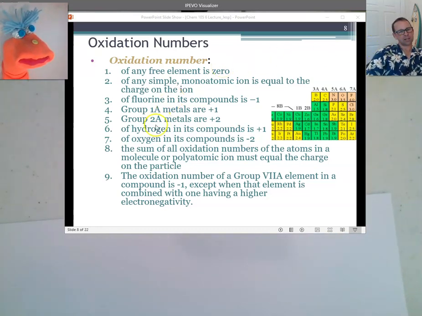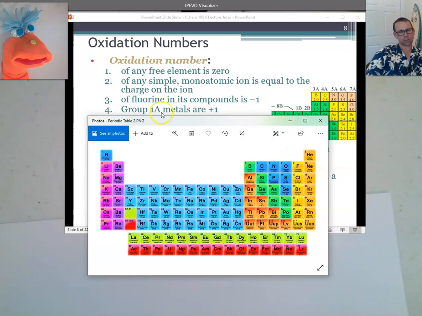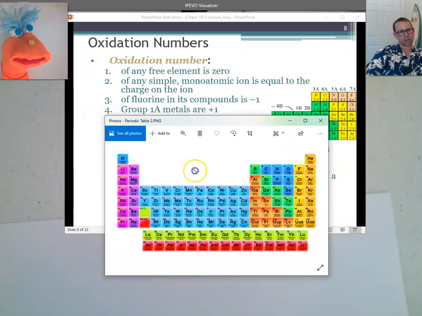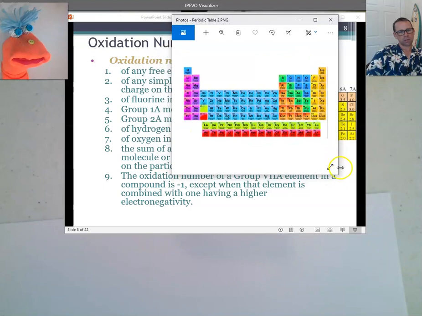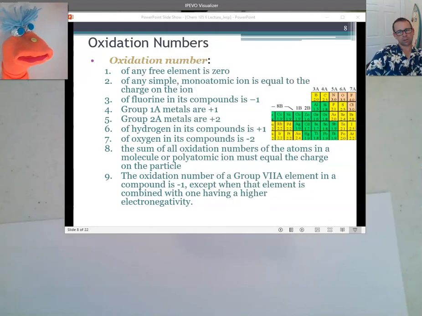This is the last one here, the oxidation number of group 7, that's our halogens right here, fluorine, chlorine, bromine, iodine, right? The oxidation number of group 7 is -1, except if an element is combined with one having a higher electronegativity. You don't have to worry too much about this rule if that doesn't quite make sense to you.